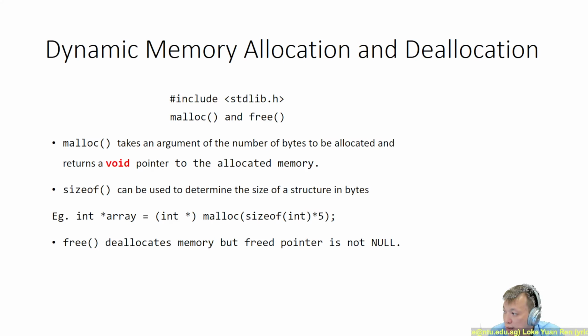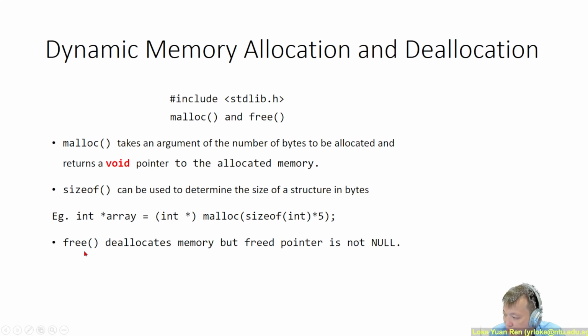Whenever you use a dynamic data structure, you need the malloc function and the free function. Malloc, in short, does the dynamic memory allocation according to the memory size you want, and returns a void pointer to the allocated memory.